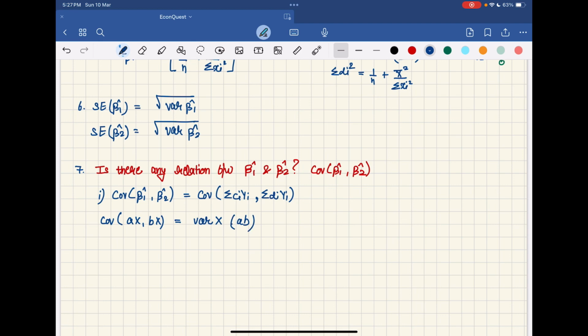If we apply this formula here, we will get variance of y times summation ci di. Now we have the variance of yi as sigma square. We just need the value of summation of ci di, right?